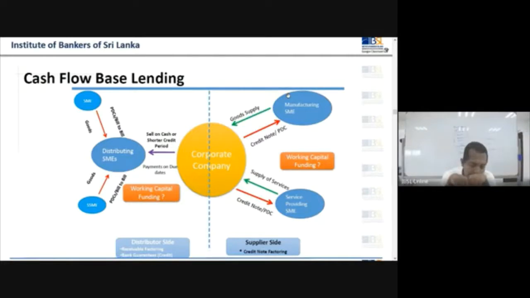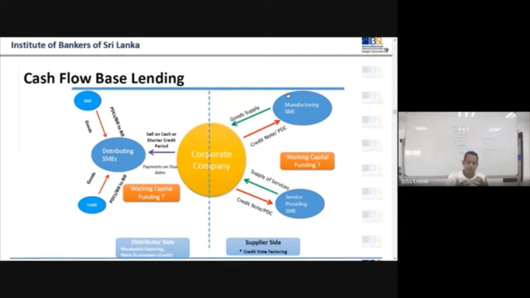I need to give a bank guarantee to buy on credit. Then it comes to off balance sheet bank guarantees, right? As a distributor, I need to give a guarantee to DSI. So based on the guarantee they give me goods, I will go to the market, sell everywhere, but I will not get money. I will get again post-dated cheques, right? Or I will sell bill to bill. So I don't have money to repay DSI when it comes.